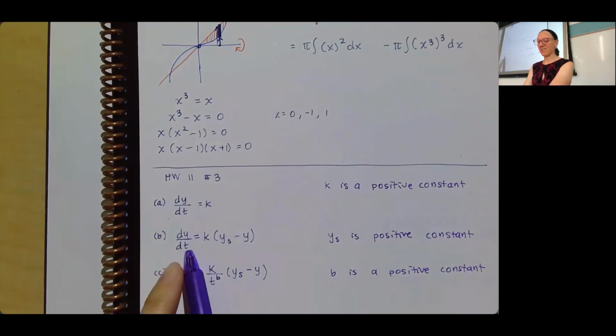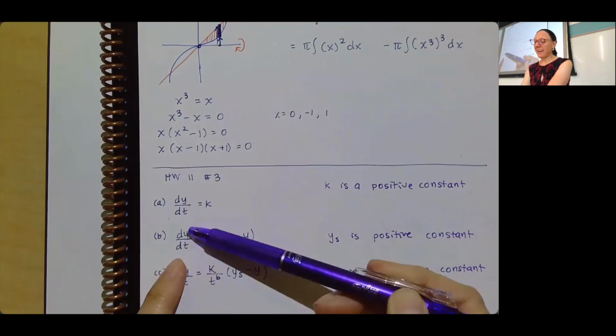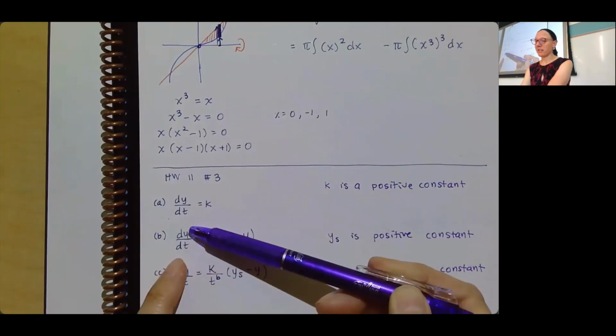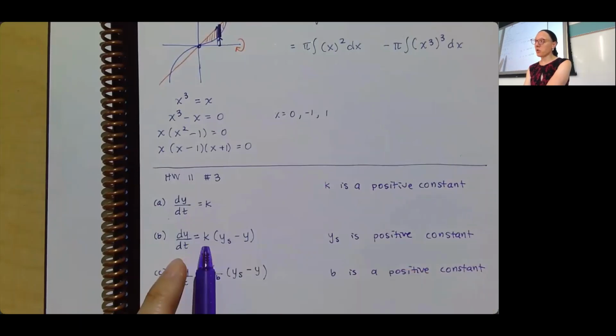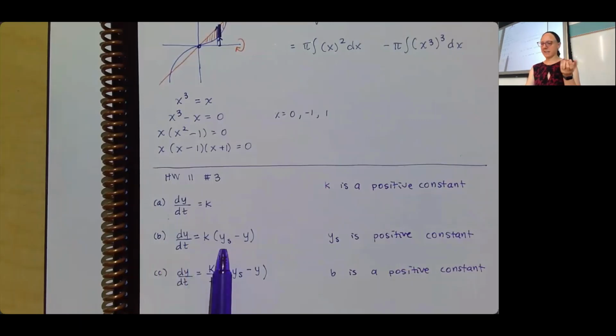This one says the rate of change in the concentration over time is proportional to the difference between the current concentration and ys. I don't remember what ys stands for in this particular equation, but he didn't ask us to write that one in words.